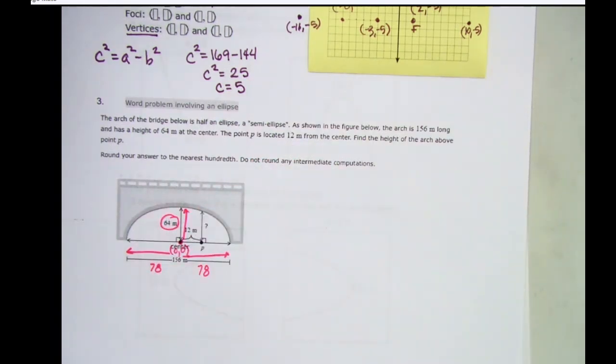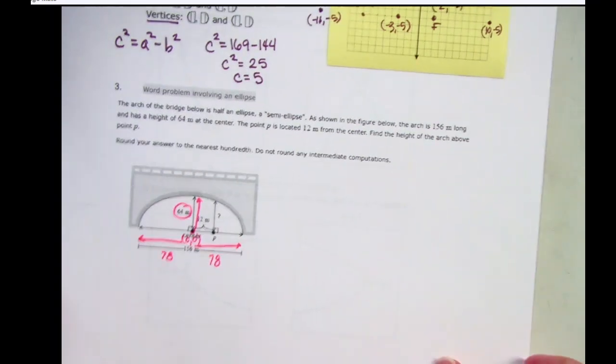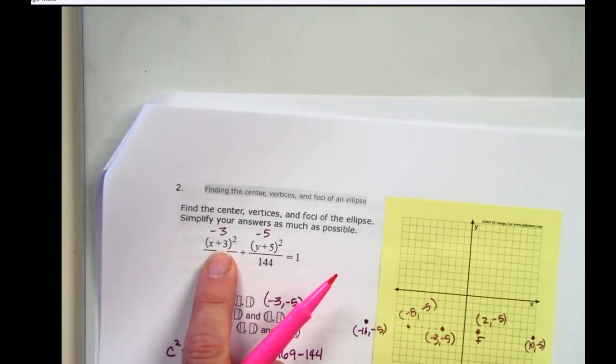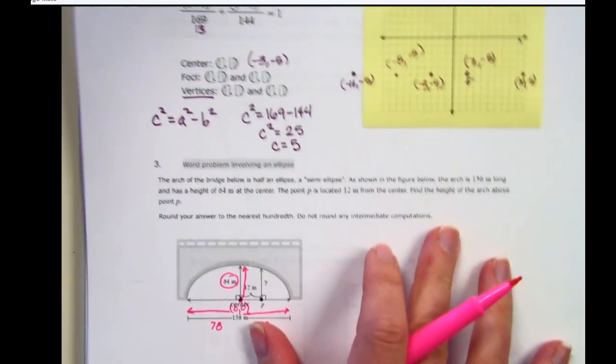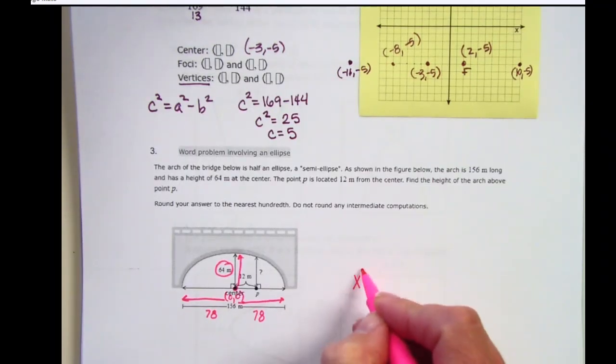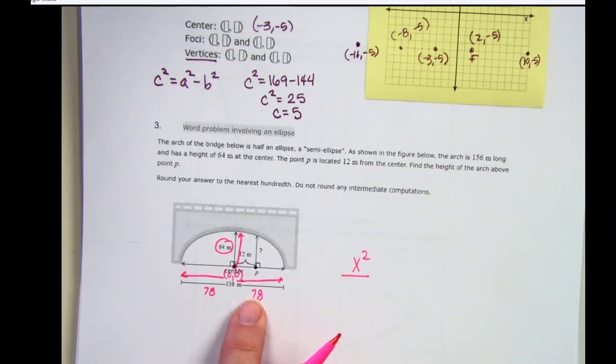Do we have enough information for our ellipse now? We know the major axis, we know the minor axis, and where's my center? What did we call it? (0, 0). So do I have any minus h or minus k? No, it's centered on the origin. So I'm going to have x squared over, what's 78 squared?